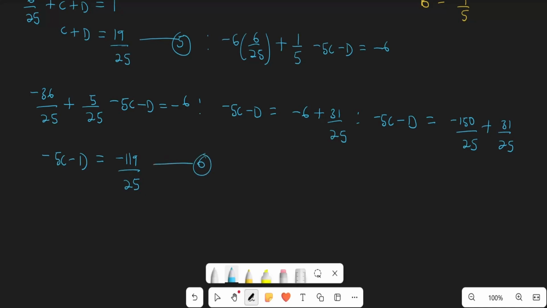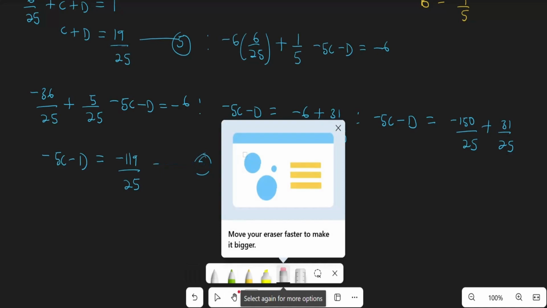Why not? So now let me switch colors, enough of blue. So we are now going to solve equation 5 and equation 6 for c and d. So now let's do that. But before we do that, let me not call this one equation 6 yet. I want to make all of them positive, so I'm just going to multiply both sides by negative 1.